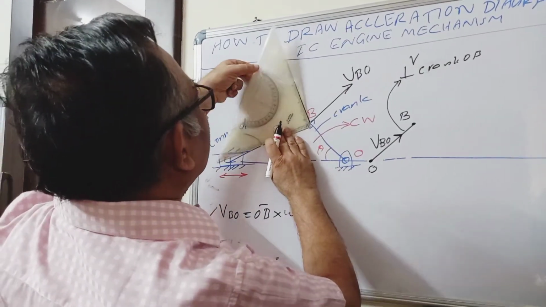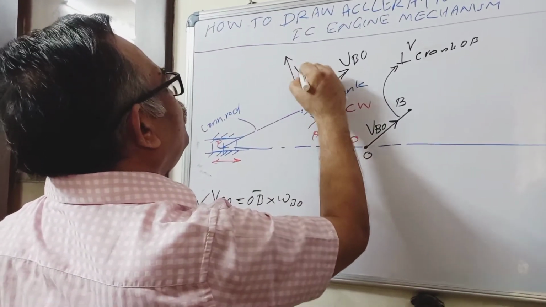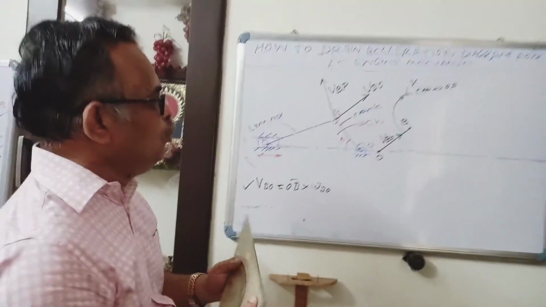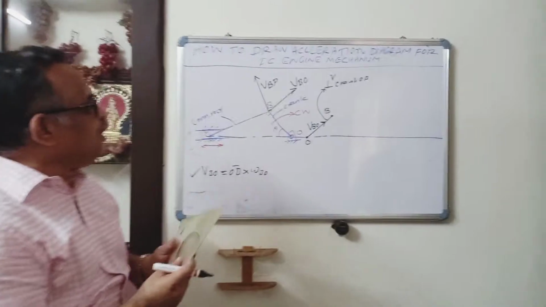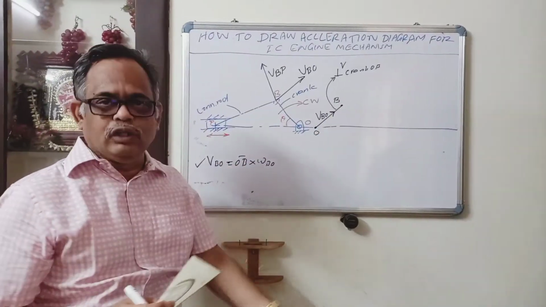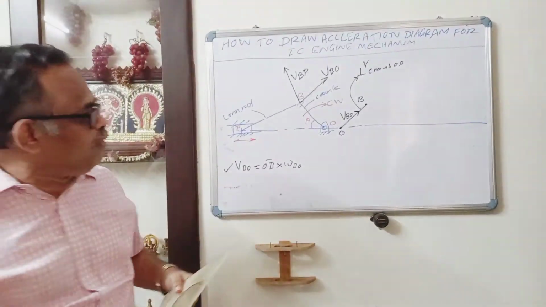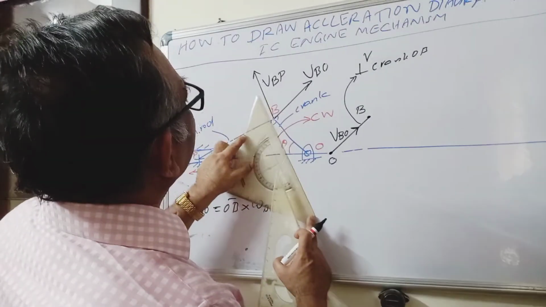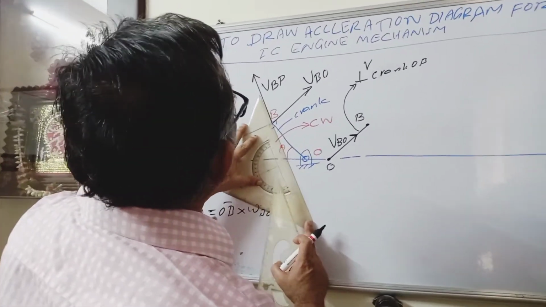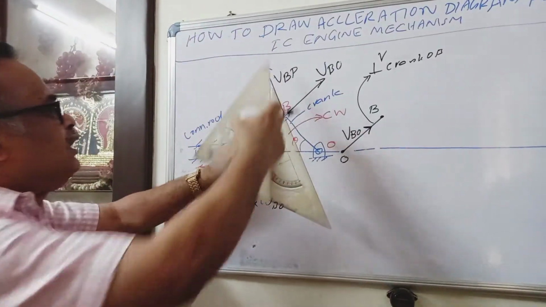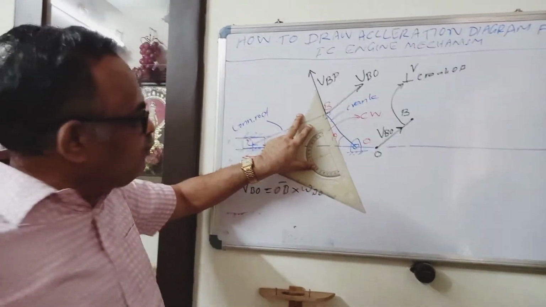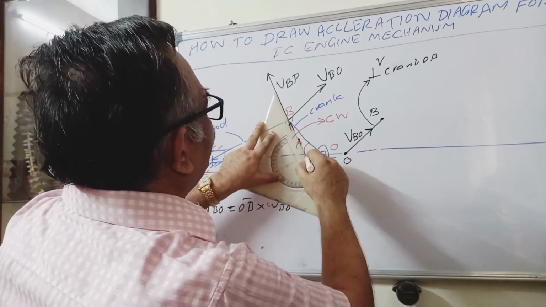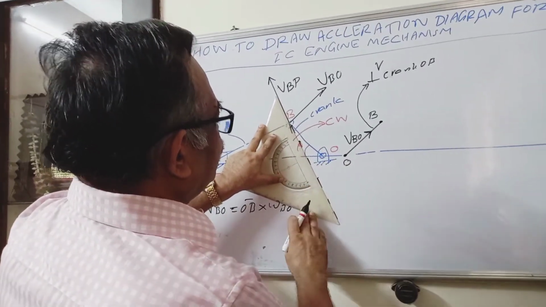So this is velocity of B with respect to P, right? We have to draw a line parallel to this through this. So we will put the set square like this and coincide with this line, and we'll try to extend it like this.